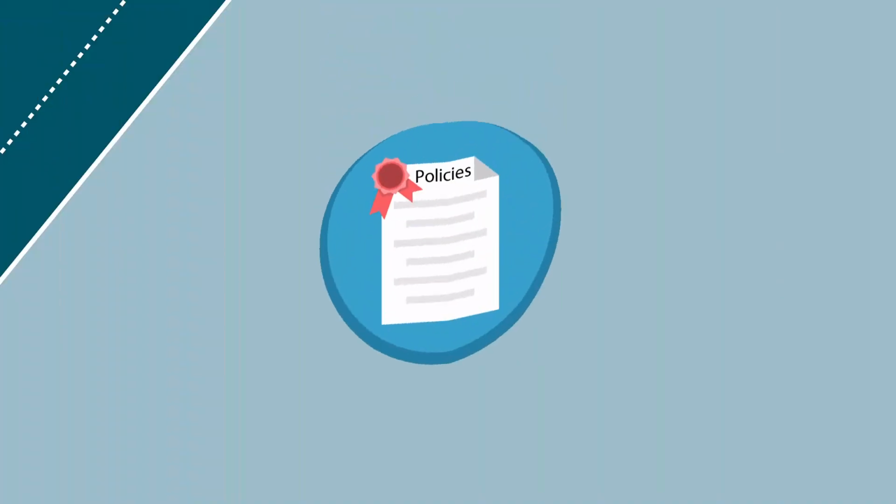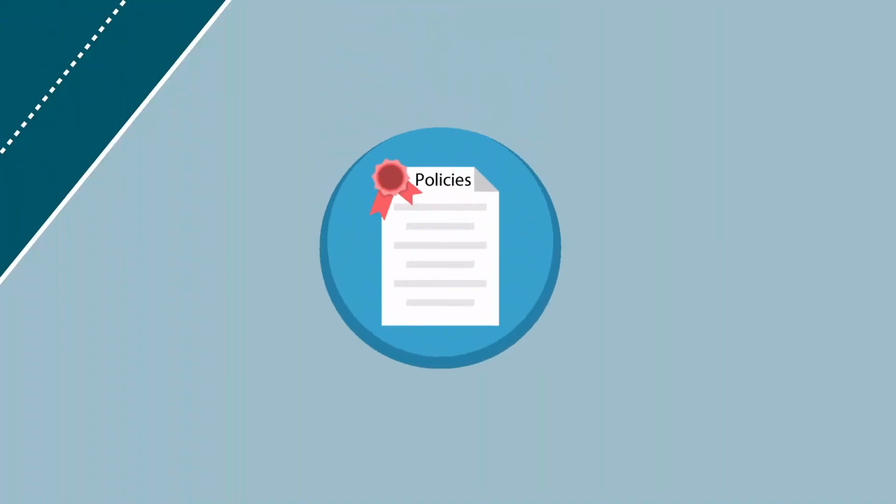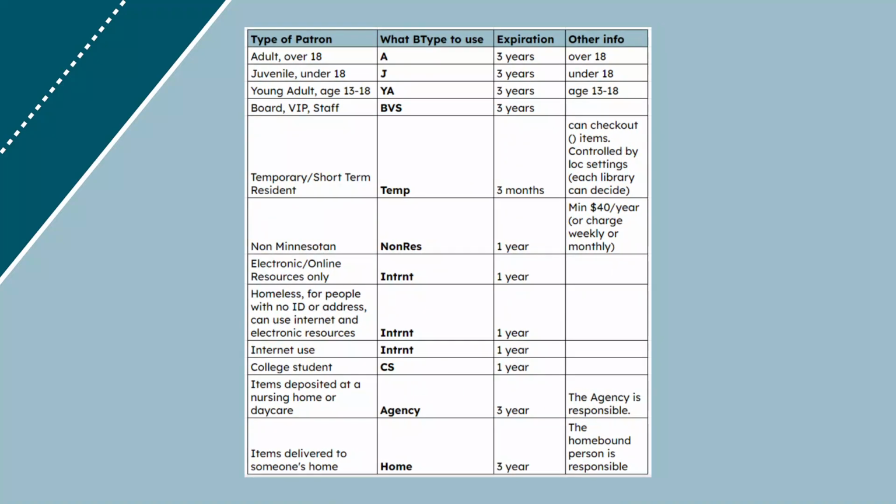As stated in the shared vocabulary section, B types are used to reflect your library's policies regarding patrons. If you would like to review your policies, be sure to take advantage of SELCO's consulting services by contacting the help desk. Keep it simple. If you don't have a need to separate YA from J, don't.